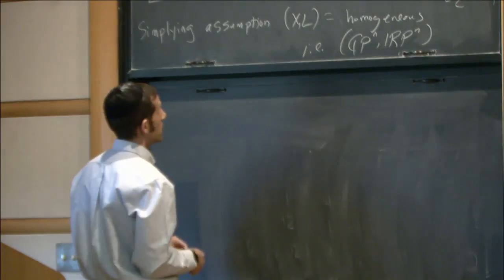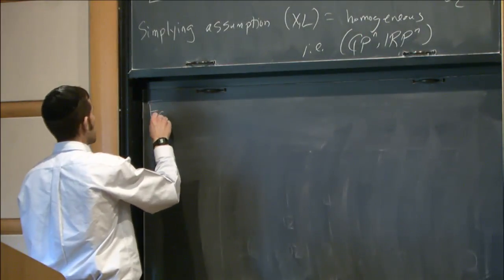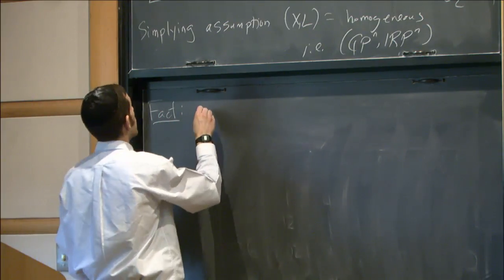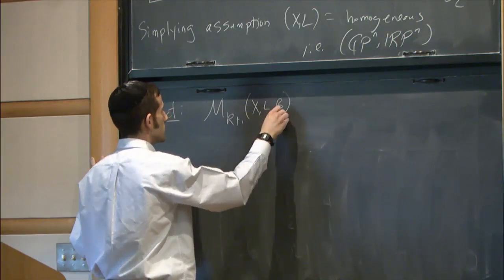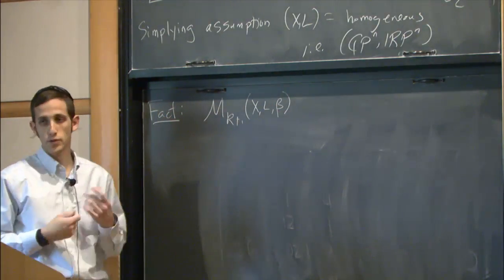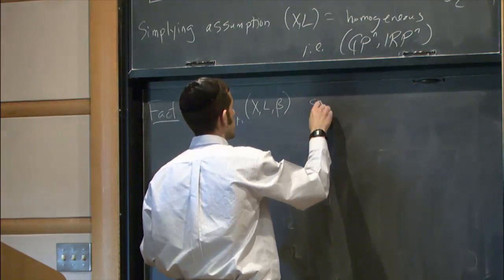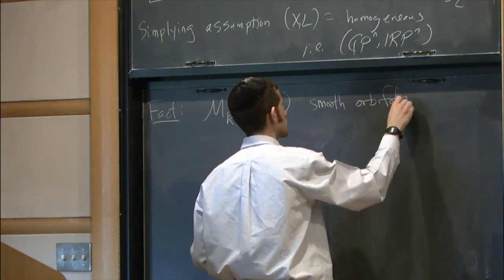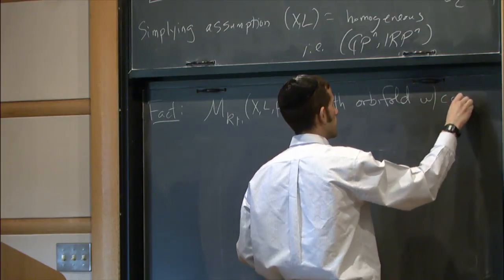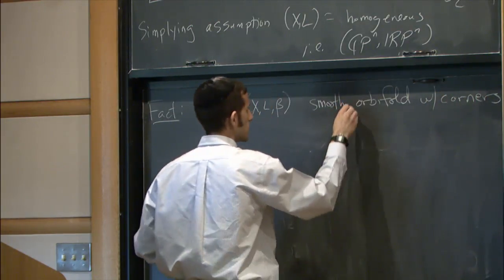And so the fact is going to be that M_{k+1}(XL, beta) is going to be a smooth orbifold, and it's also going to be compact.